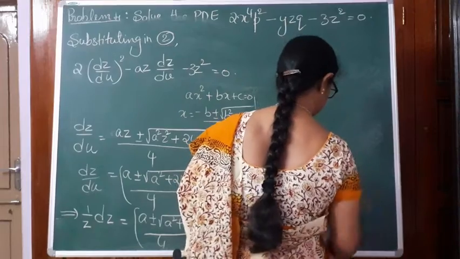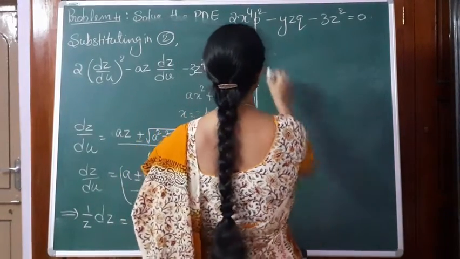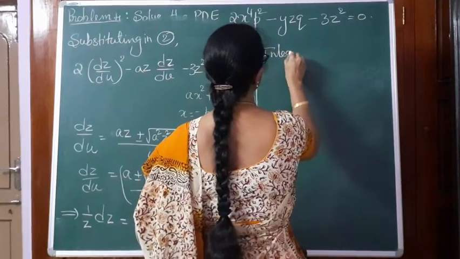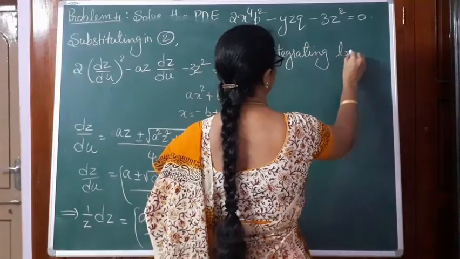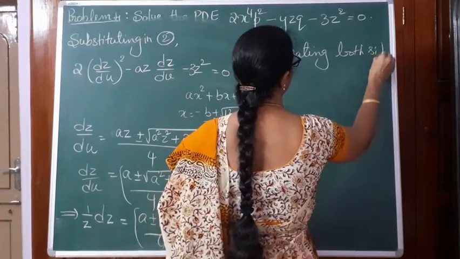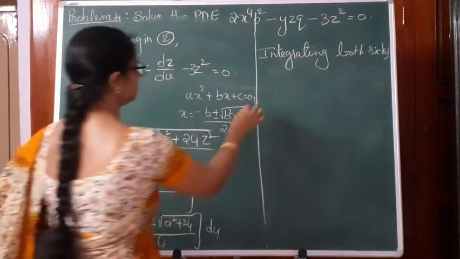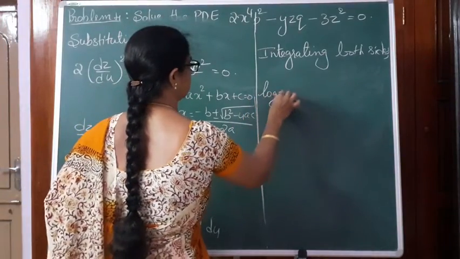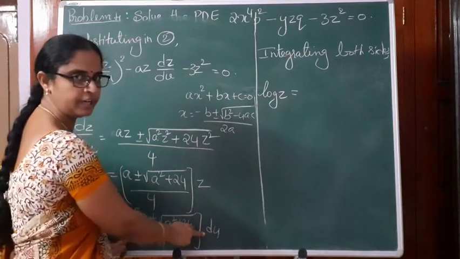Integrating both sides, what do we get? Integral of 1 by z is log z is equal to, this is all constant, integral of du is u.